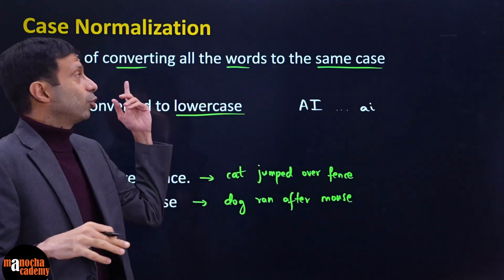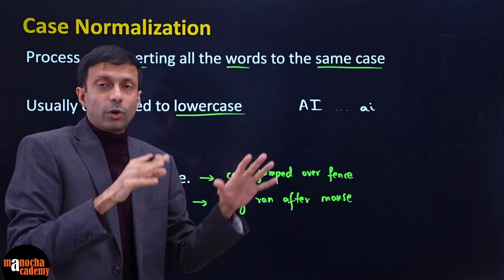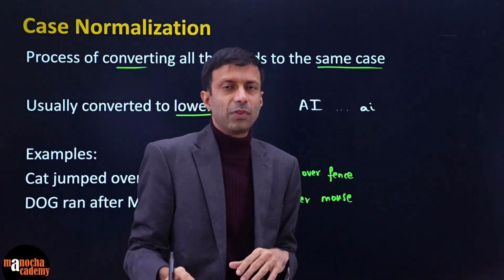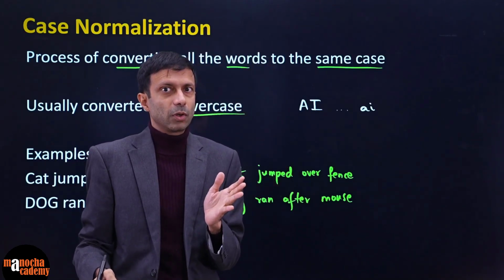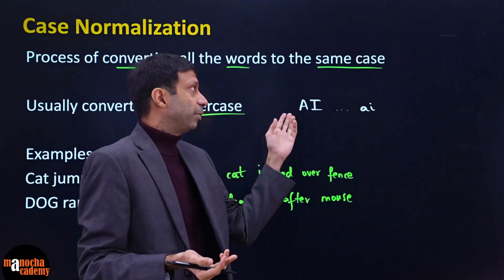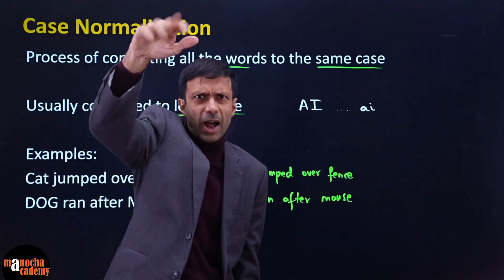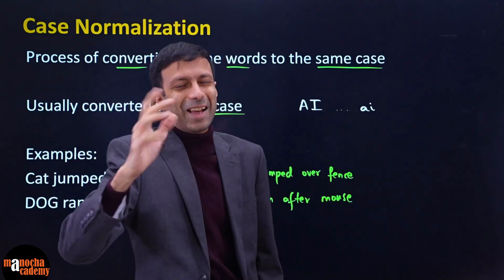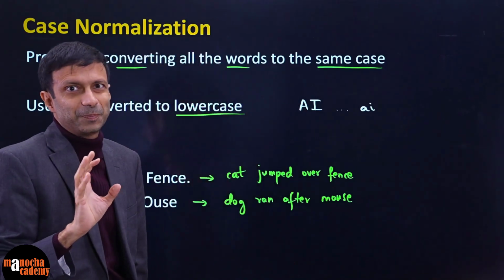Okay, then we want to apply this case normalization. So maybe before, when you're doing all those special handling of numbers, at that time small and big might be important for you. Okay, so there are many cases where capital is conveying some meaning, like this is an abbreviation. Okay, this might be saying someone, you're calling someone I, right, or something like that. I'm just giving you an example, but this AI is for artificial intelligence.